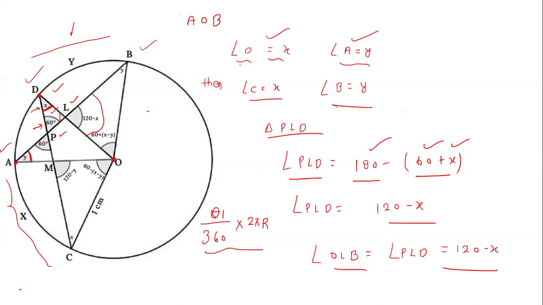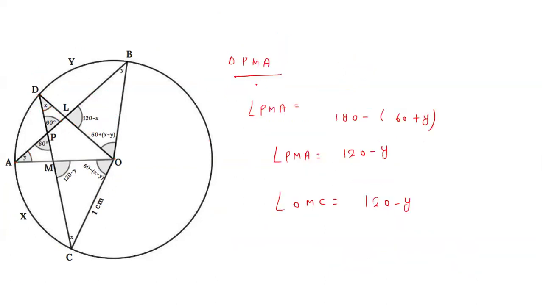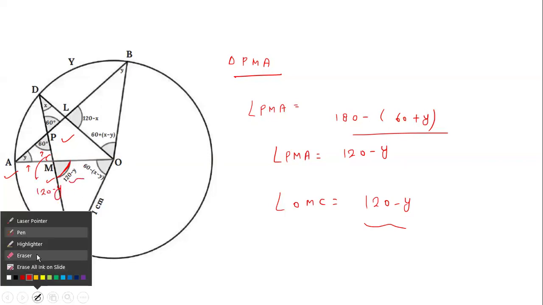Now you consider the triangle PMA. This is P, this is M, this is A. We assume this angle to be y. This is 60 given in the problem. So the remaining angle is 180 minus (60 plus y), so it will come to 120 minus y. This angle and this angle are opposite angles, so this is also 120 minus y.